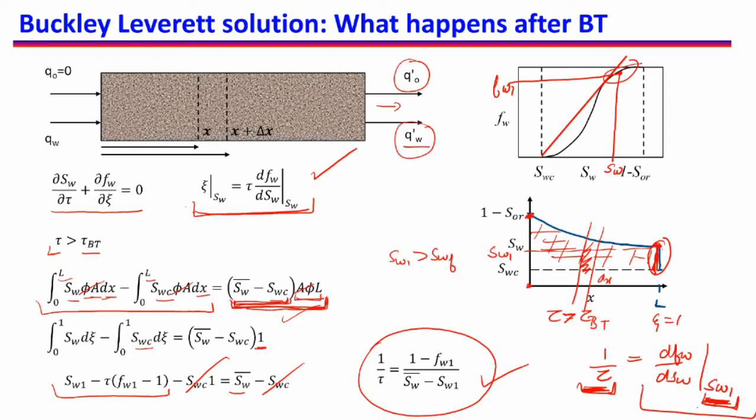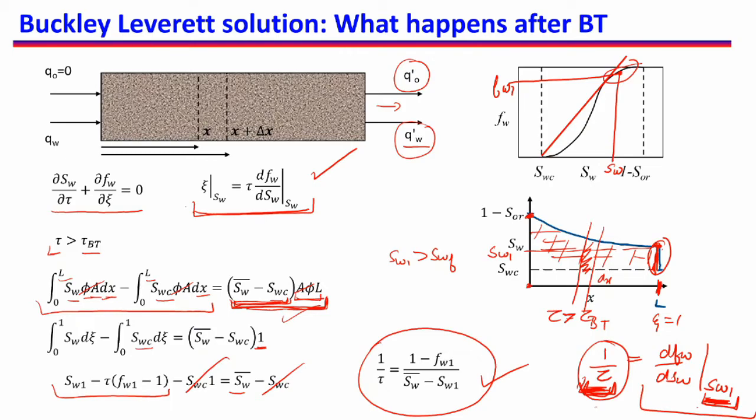But the opposite, given a tau which is greater than the breakthrough time, what will be the water saturation at xi is equal to 1 at that tau? For that, we need to take the inverse of tau, 1 by tau, and then find a particular SW.